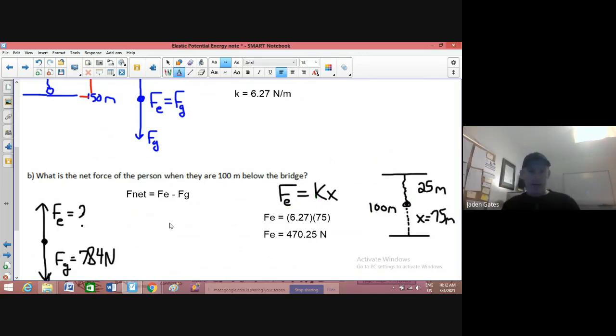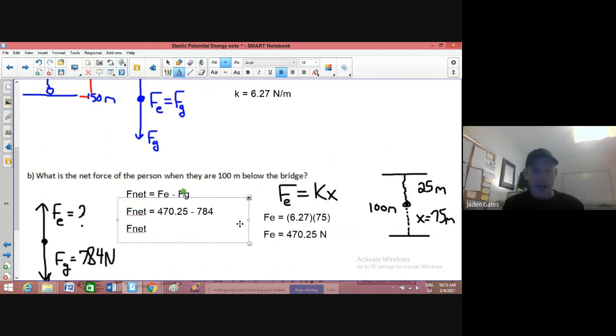All right, so now I can find my net force. Because I have my Fe, I've got my Fg. So my F net is equal to Fe, which is 470.25 newtons, subtract my force of gravity, which is 784 newtons.